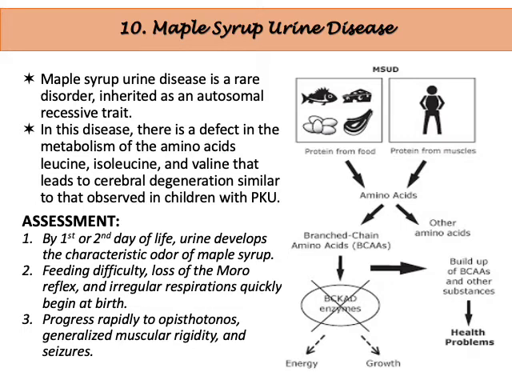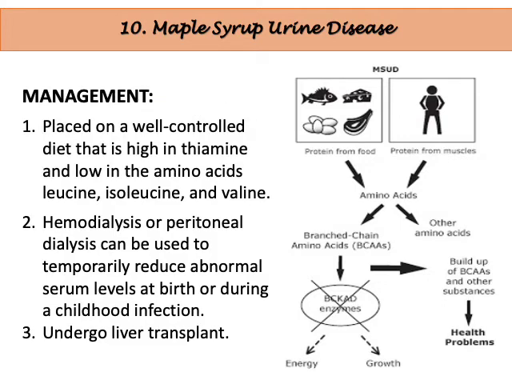These show CNS involvement. Unlike PKU, maple syrup urine disease can be detected prenatally through amniocentesis. If the condition remains untreated, an infant may die as early as 2 to 4 weeks of age.